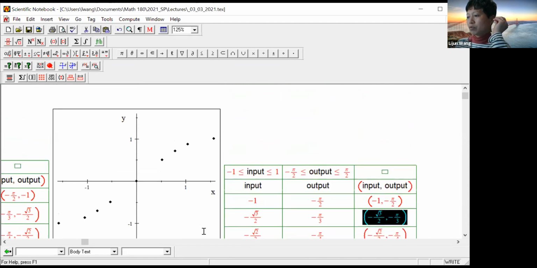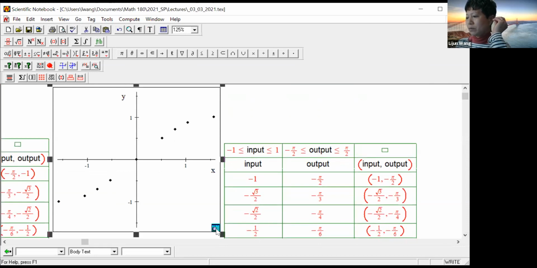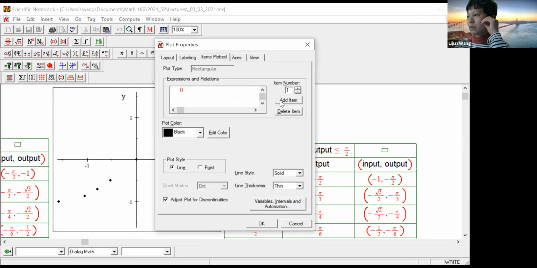And this time I'm gonna use red dots. If you have any questions, hold your question, okay? I'll get to your questions.